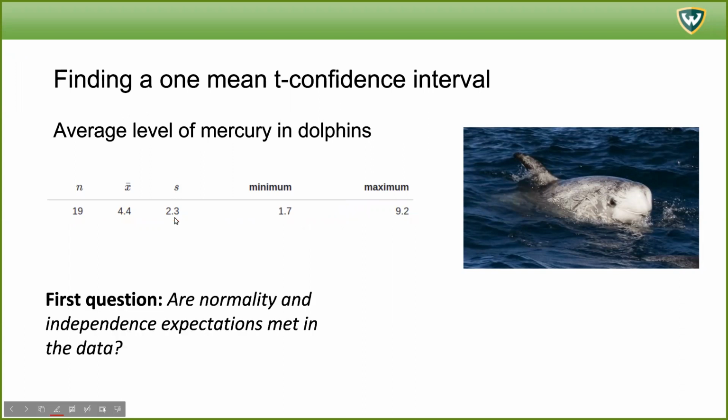So the first question is, are the normality and independence expectations met in the data? For you to do any of the stuff we're doing here, we have to ask that first. And the textbook tells us this was a simple random sample. We did sample the whole big area of the ocean. So the sample is independent. Okay, let's check that off. What about normality?